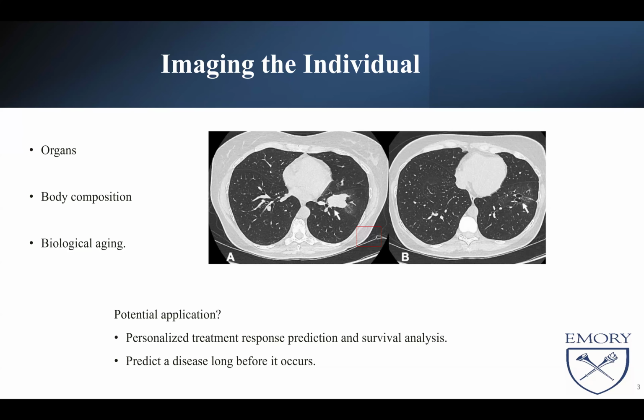This is possible because most of these diseases don't just surface. The changes started happening in the organ long before the disease itself manifested. So what if this model can actually do this from a routinely acquired CT scan?